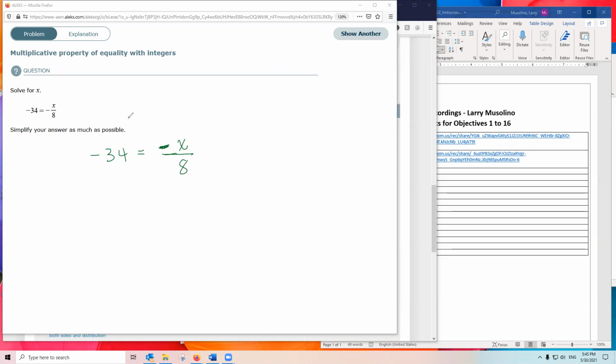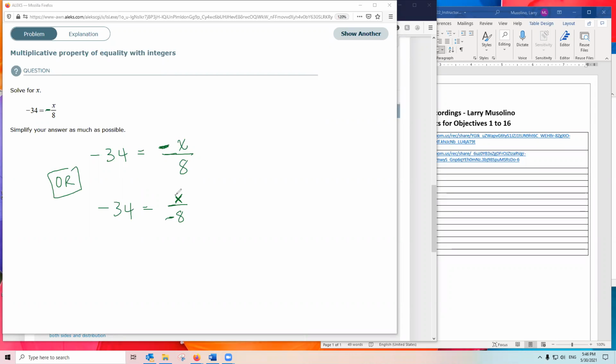Now, when you have a negative sign in front of a fraction like this, you can either put the negative sign associated with the top, the numerator of the fraction, or the bottom of the fraction. It's up to you. So I can either write this equation like I just did, or I could write it like this, and put the negative sign on the bottom. It's up to me. I could write it either way.